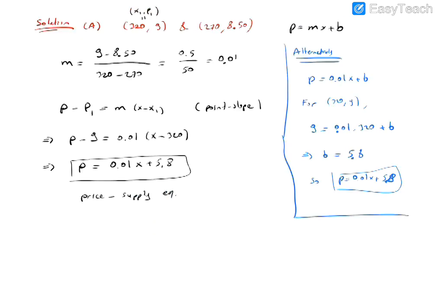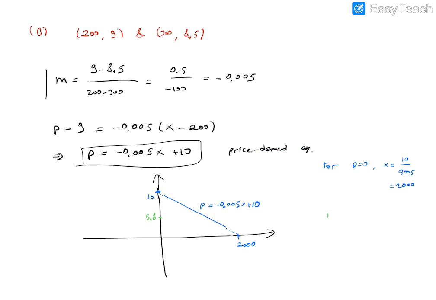For price equals 0, x is minus 5.8 over 0.01.